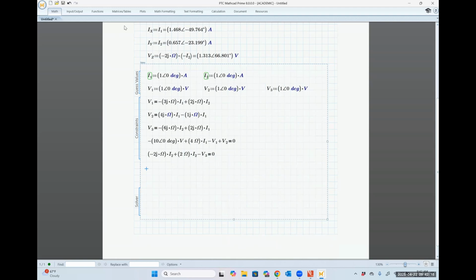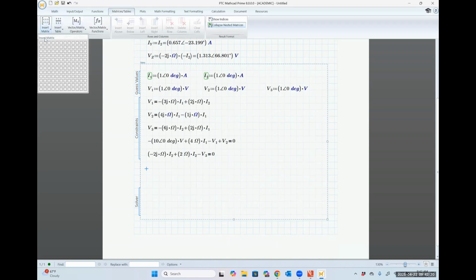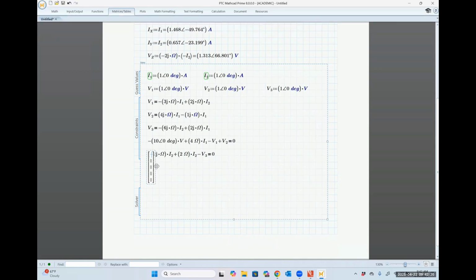Put my matrix in. So I'm going to solve for V1, then V2, then V3, then I1, then I2.